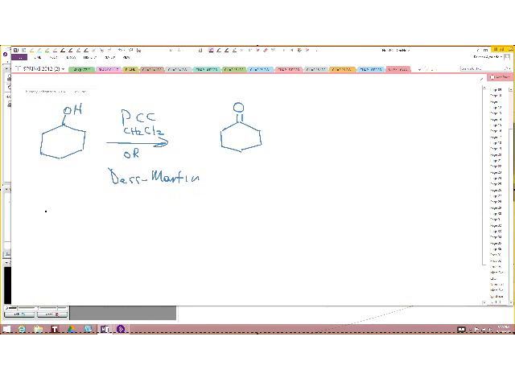We could also obtain aldehydes from the reduction of esters.